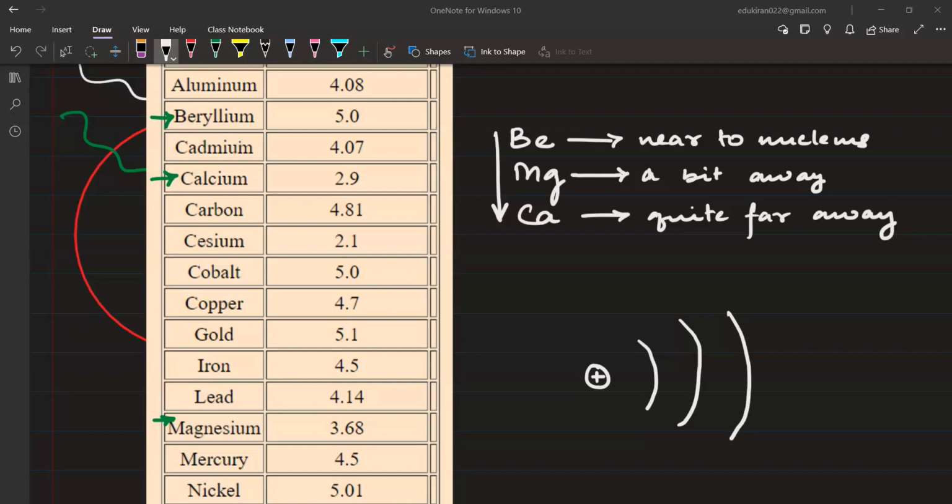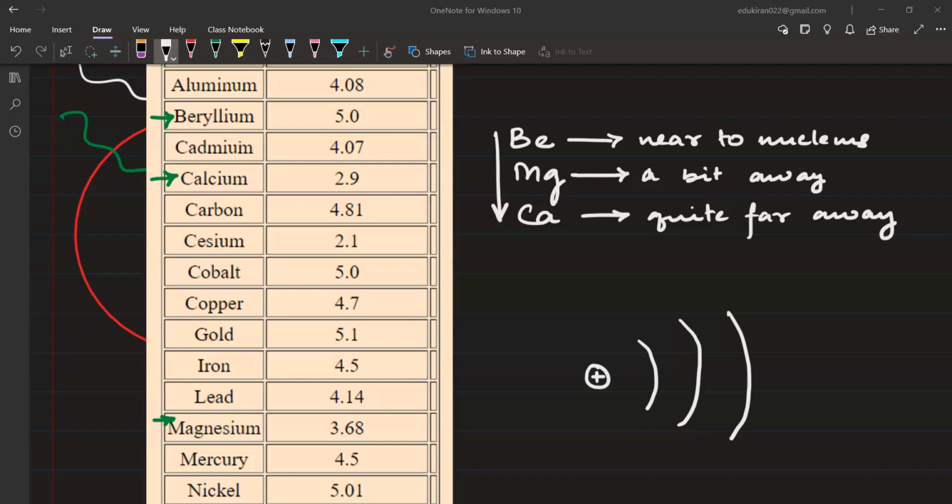And this is the initial phase of Bohr's model. So Bohr said, okay, fine. That means electrons are away from the nucleus at a particular distance, and that distance is distinct for each element.